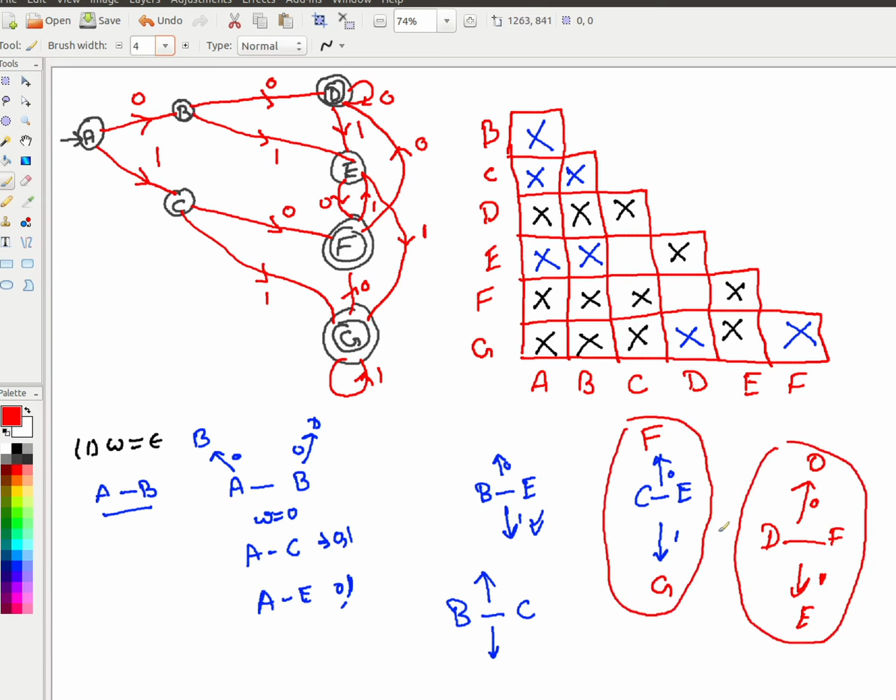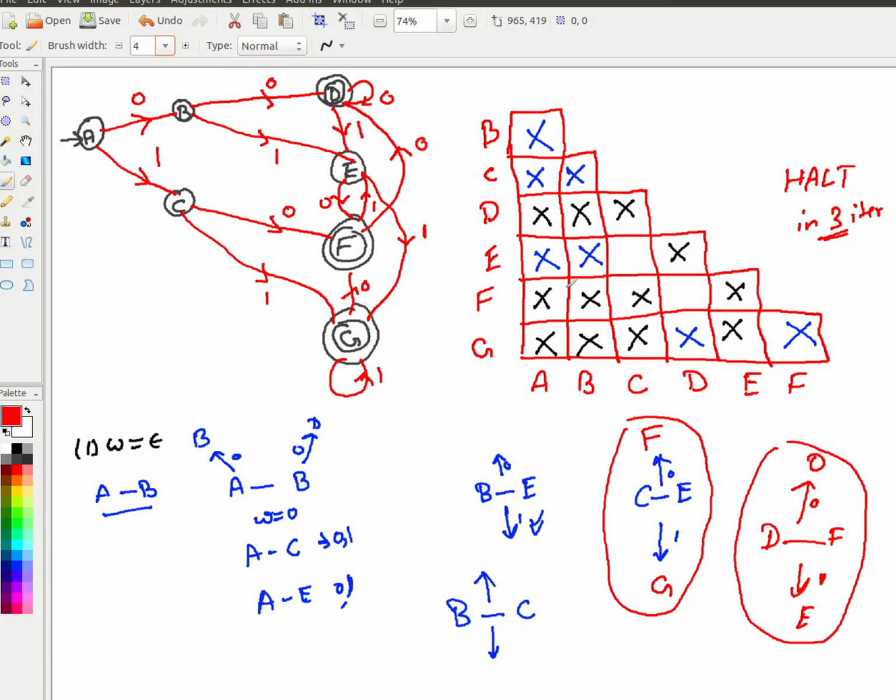So first iteration was black marking, second iteration was blue marking, third iteration we were not able to mark anything. So the algorithm halts in the third iteration. Why? Because you were not able to discover any new pair in the third iteration.